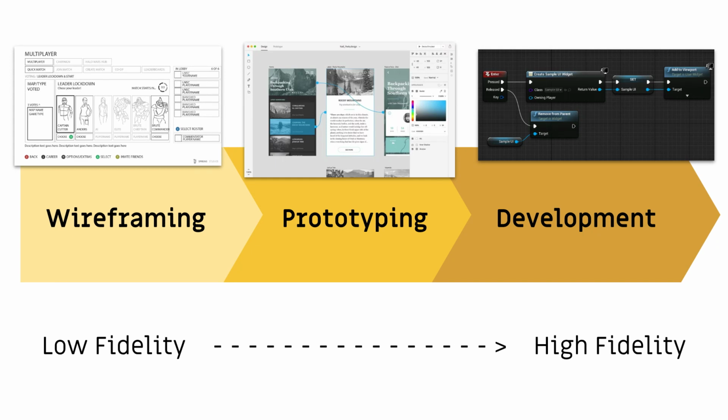It's very rough. You're still trying to figure out the details. And then as you go up through the process, you start worrying more about how it looks, the color, the layout, what exactly type of fonts you're using. And once you go on in development, the higher fidelity your UI is, the closer it'll look to the final design.